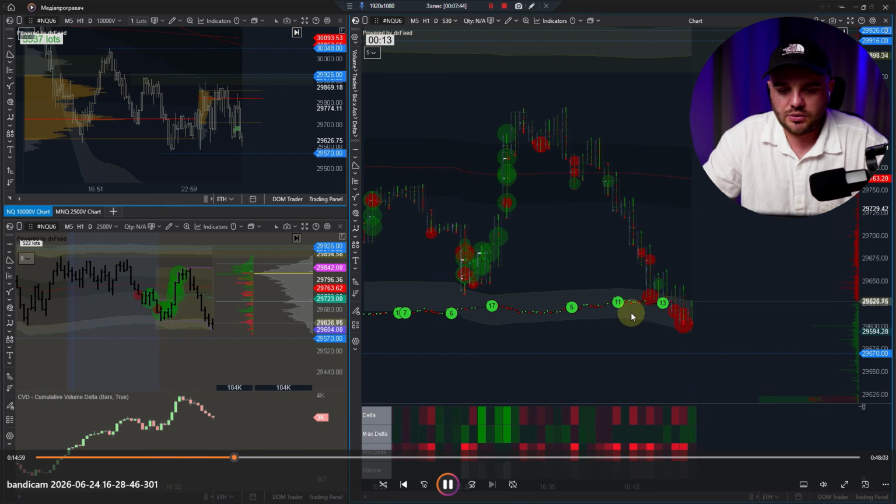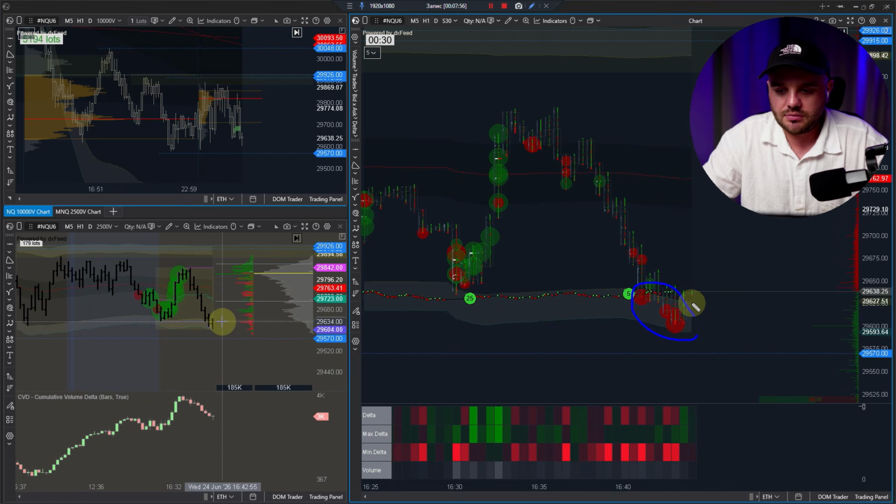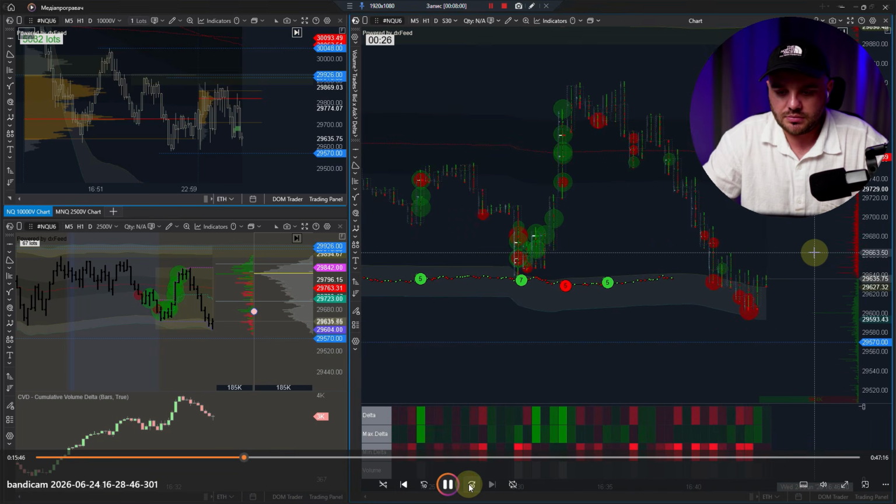And here you can see some buys had started. That's exactly a moment where you could try to take a long, because aggressive sellers tried to push. They didn't succeed, and buyers started to appear.